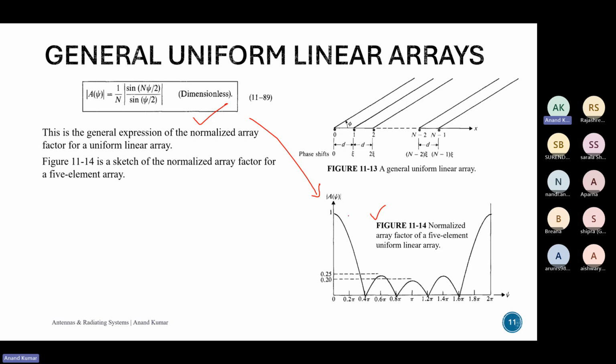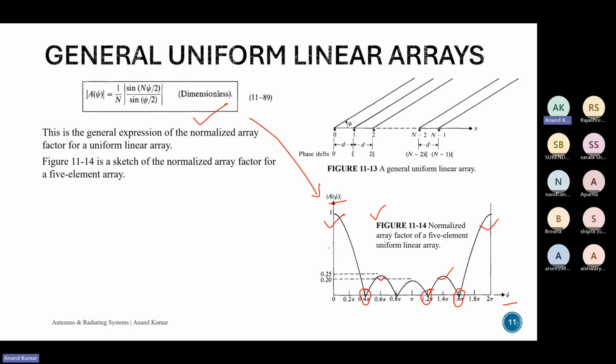This is the plot for the array factor versus the argument psi, and the first peak is the main lobe, and then these are the side lobes. These are the first minor lobes, and over here are the nulls.